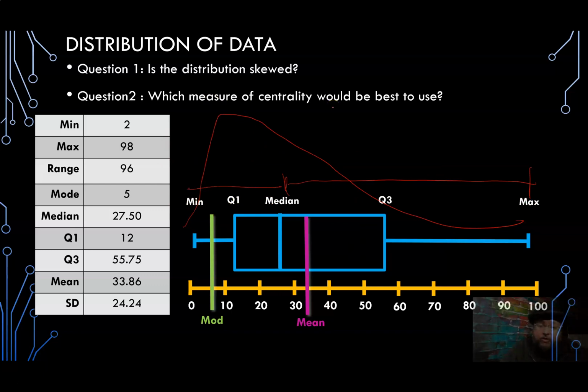Now, to determine which one it is, because it's either positive or negative, also referred to as left or right, you want to start comparing again between the mode, median, and mean. The mean in this case is easy to see is smaller than all the rest of the values. The mean will always point you towards the tail of the data.